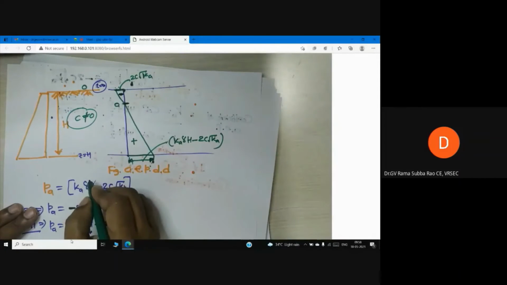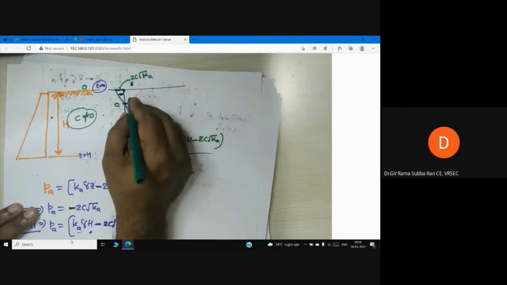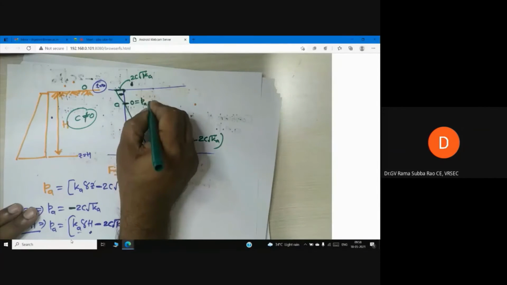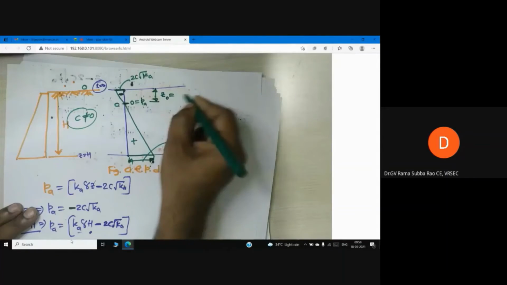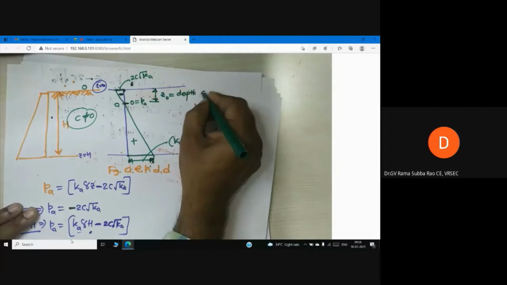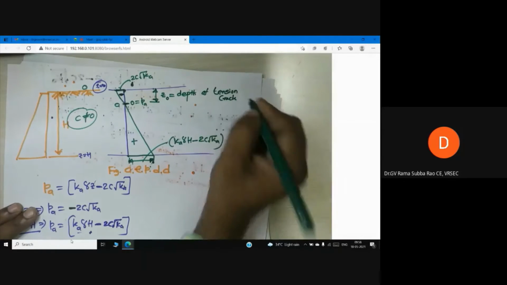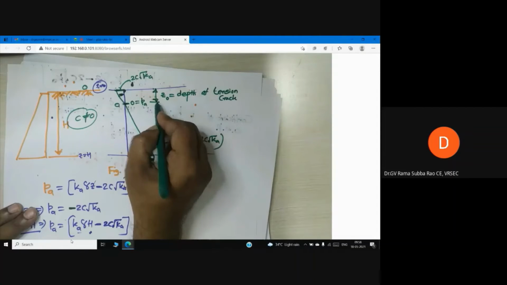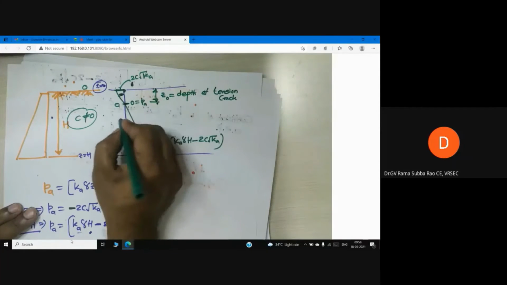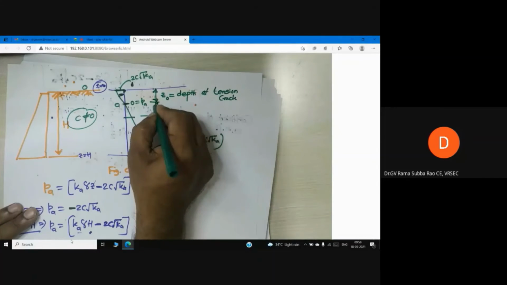It is very interesting to discuss. We have active earth pressure 0 at a particular depth. This depth we call the depth of tension crack. I will explain, don't worry. What is the meaning of tension crack? Depth of tension crack. Very interesting, we have a negative up to depth Z0, and we can neutralize it with the positive value Z0.